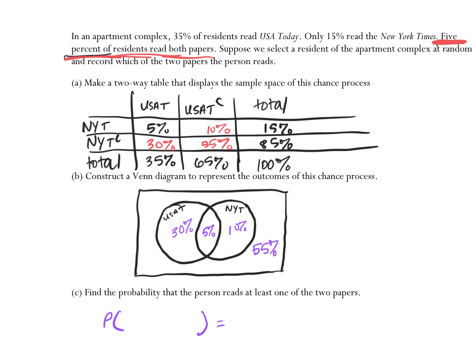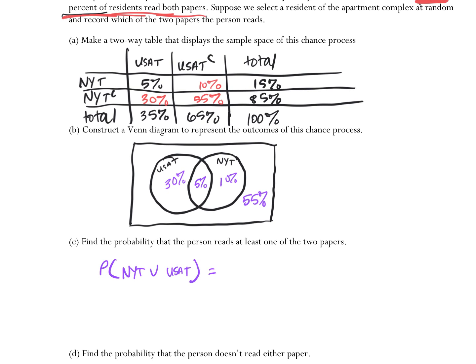It would be N or U. It would be an OR question, which means we're going to do the probability that they read the New York Times is 15%, plus the probability that they read USA Today is 35%, minus the overlap, the 5% that read both. And we should end up with 45%.